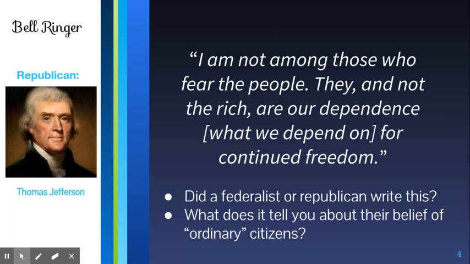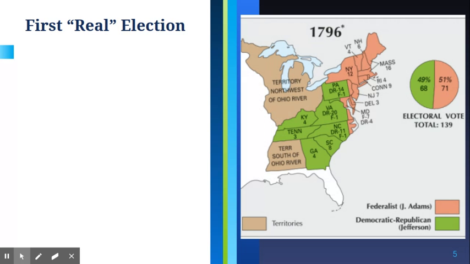Well, Thomas Jefferson, a Democratic Republican, believed it was the normal people, again, like you and me, who will make this country continue to be free, continue to work, continue to be strong. It's not the rich people, because rich people don't get it. Now, Thomas Jefferson was a wealthy man, and he said this. That's not to say there weren't rich people in the Democratic Republicans, but they were more supportive of the ordinary people. So there's some background knowledge of the two parties.